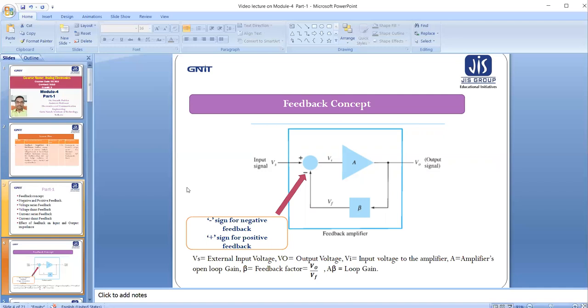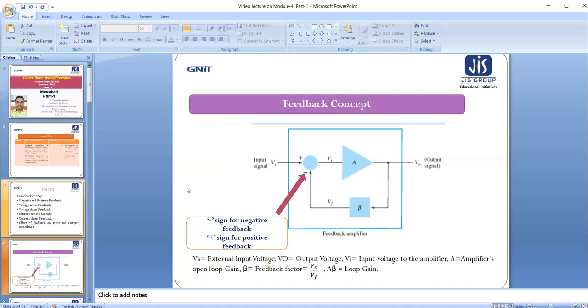But in practical situations, all the amplifier circuits are not stand-alone. Means they are utilizing some sort of feedback mechanism in order to regulate their voltage gain or current gain, whatever the amplifier type may be.